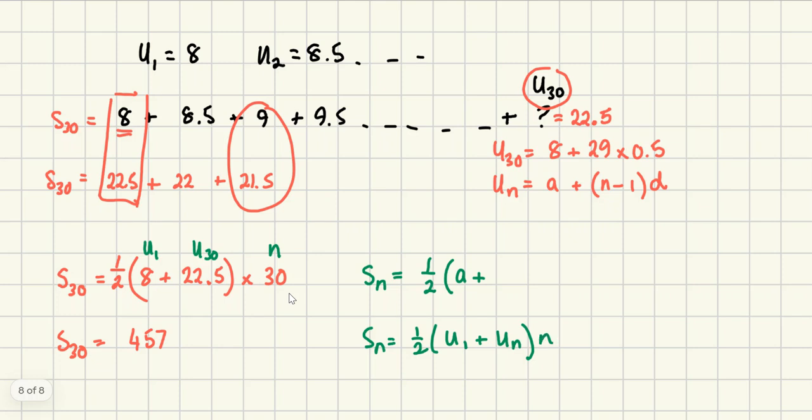In A-level terms, and IB as well actually, the formula can also be written as, and we're going to simplify it: a plus, well, how do I find un? I've got a plus n minus 1 times d.